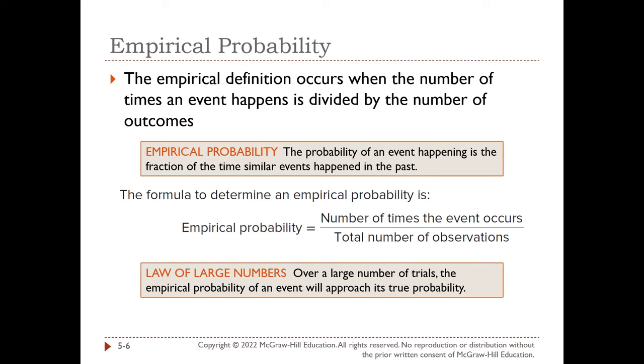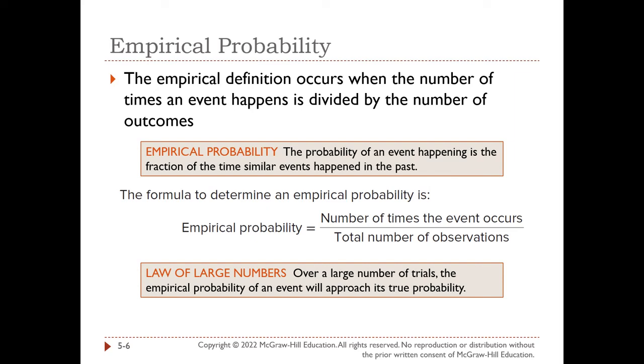This is why we see, for example, with vaccinations and clinical trials, they try to get a larger population, a larger sample size, and they look for the probability of adverse reactions.